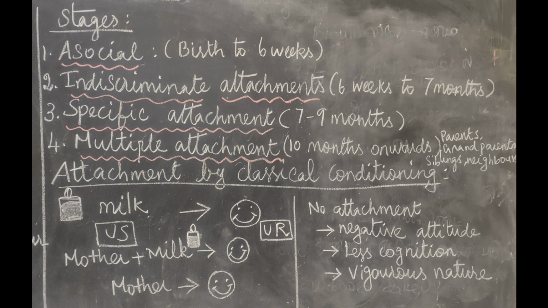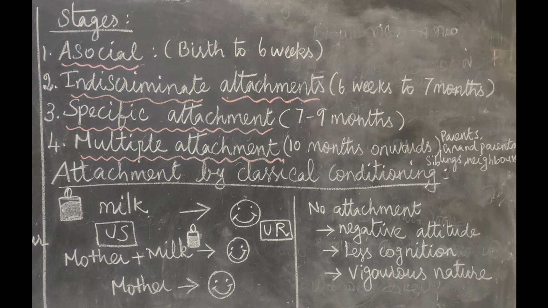From birth to 6 weeks, the attachment is called asocial. That is where the attachment is not completely made. Second stage is indiscriminate attachment from 6 weeks to 7 months. And specific attachment is created in the 7th to 9th month.